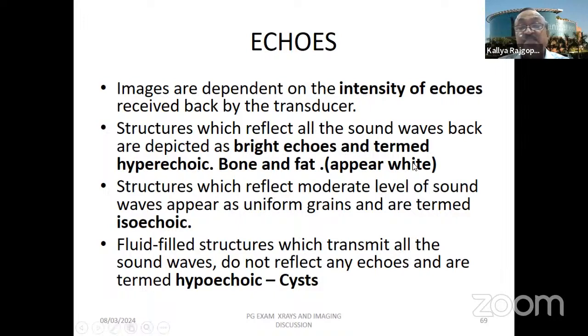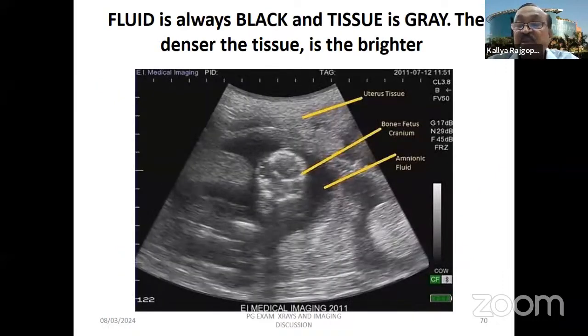All this is because of this. Structures which reflect a moderate level, usually uniform grains, are called isoechoic. So please use the word echogenicity. If there's a cyst, it is hypoechoic, but there could also be hemorrhage inside, and that's how it appears.